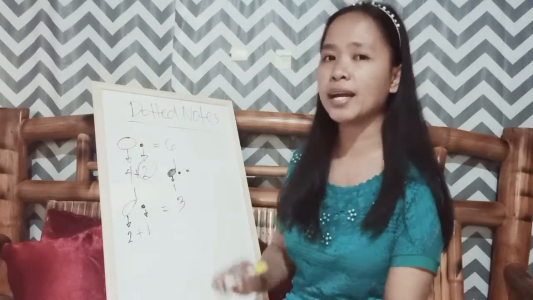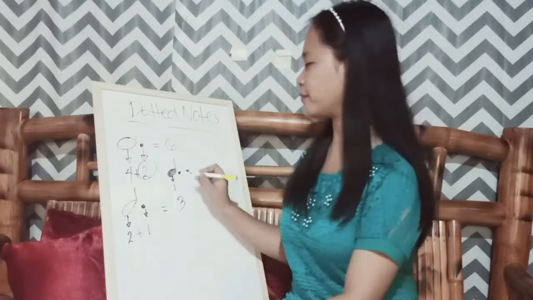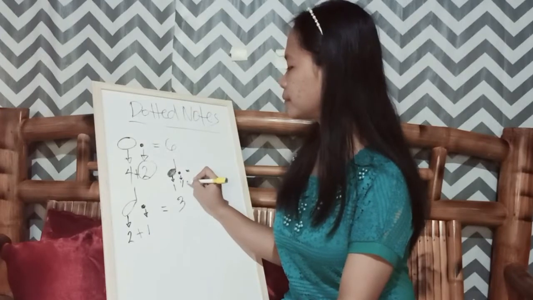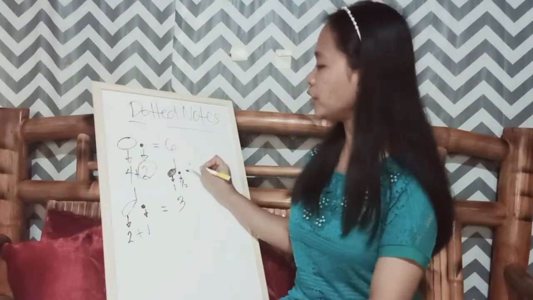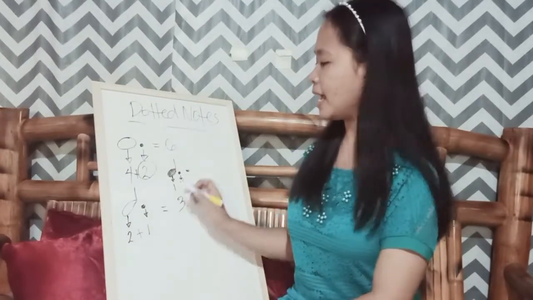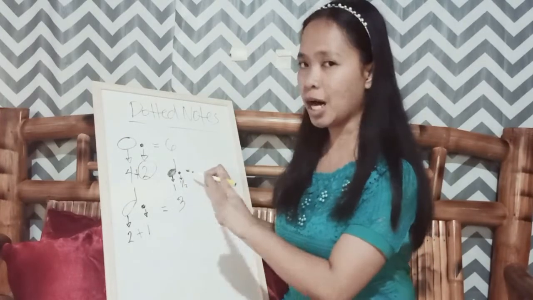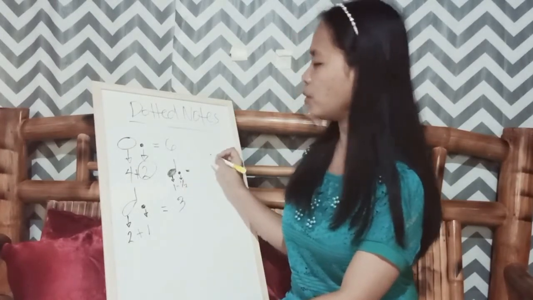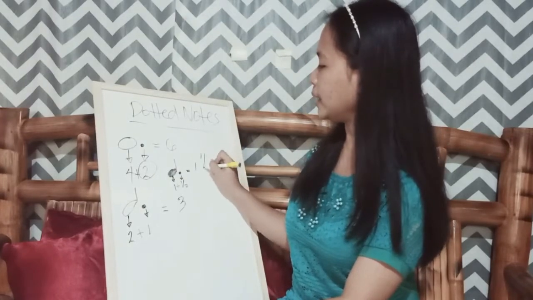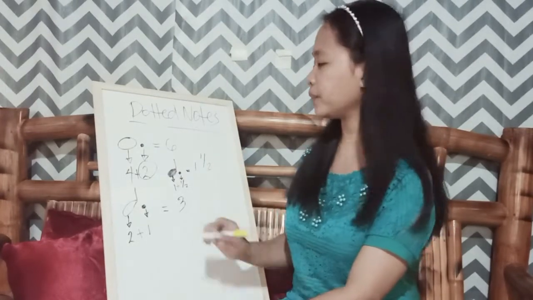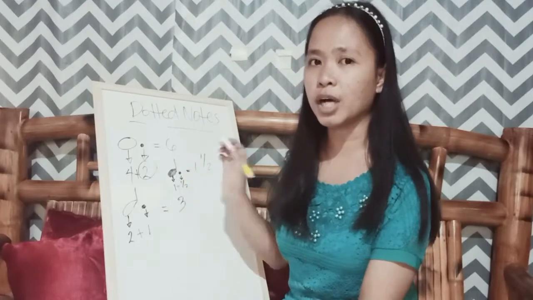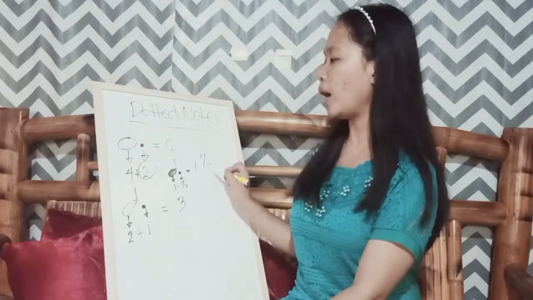So yung half po ng 1 is 1/2. Therefore, yung value ng dot natin, 1/2 na naman. And then, we're going to add the two. Quarter note plus dot, which is 1/2. So, it is 1 and 1/2. Therefore, the value of our dotted quarter note is 1 and 1/2.